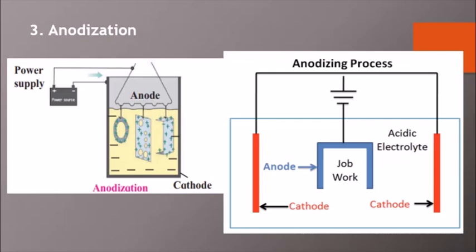This protection can be increased by making a thicker oxide layer through the process of anodization. So as thick as you want, you can prepare that layer to prevent corrosion.